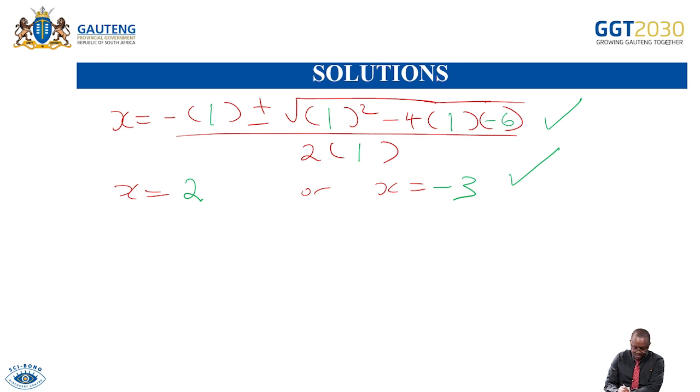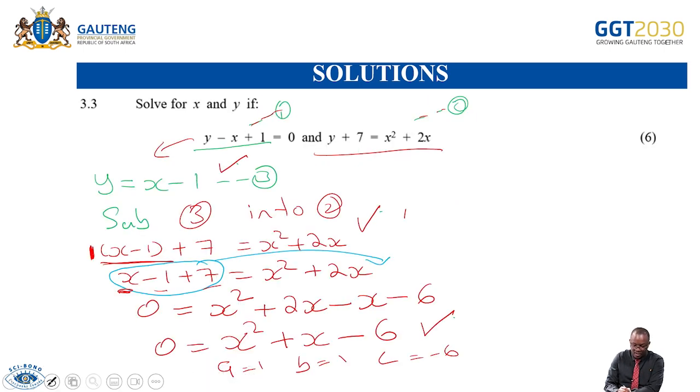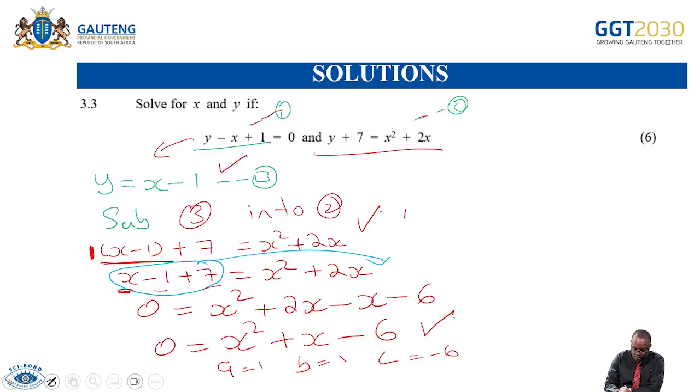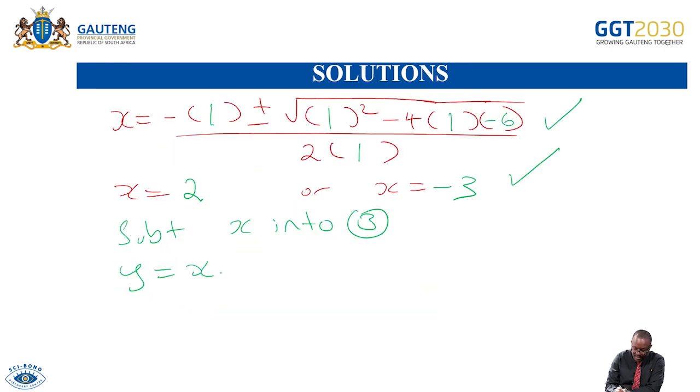But we are not done because here they said we must solve for x and y. So we're going to substitute x into equation 3 for you to get y. Remember, y is equal to x minus 1. So you substitute 2 minus 1, which is going to give you 1.